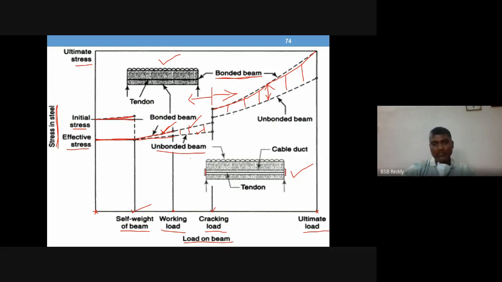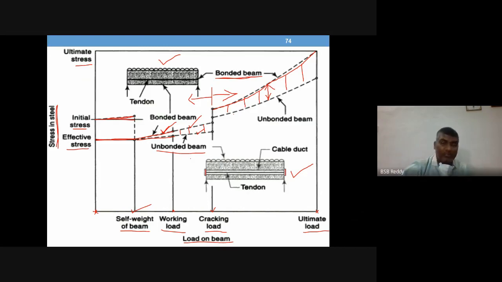Okay, so just to compare how stress in steel is having variation in case of bonded and unbonded beams, as the loads increase from 0 to the ultimate load.